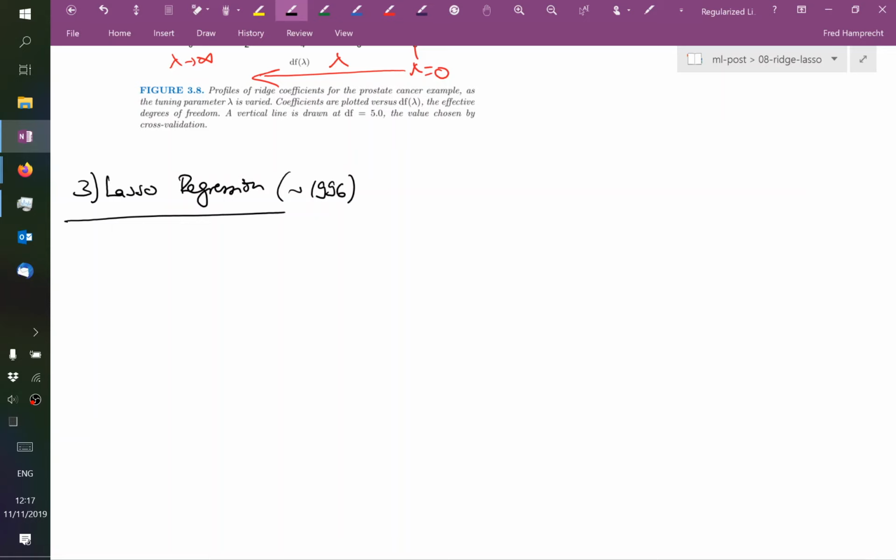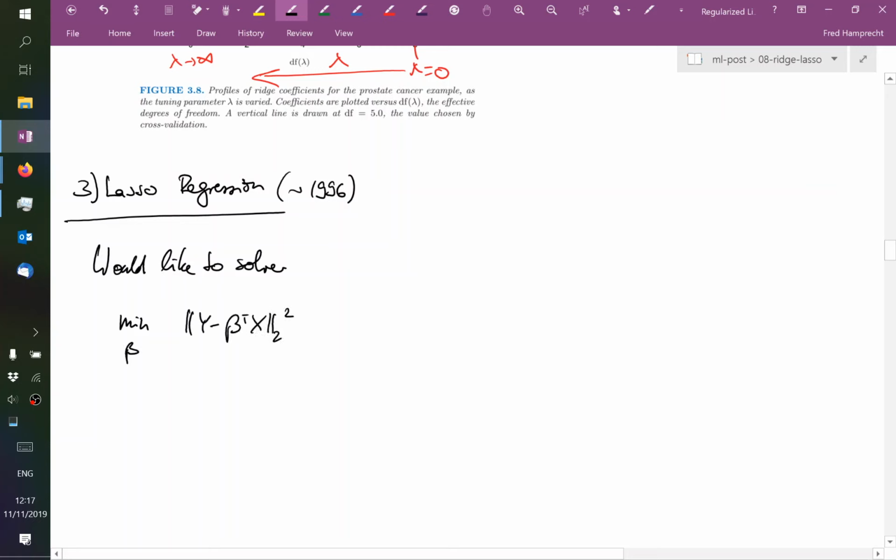So to get truly sparse coefficients, what we would like to solve is something like the following. We would like to use the L0 norm of beta.